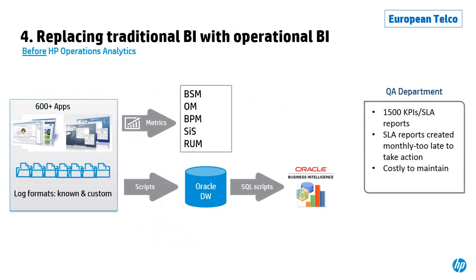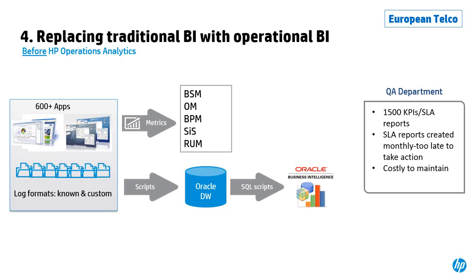The fourth use case comes from another telecom company, actually. This is an example where they were using a traditional BI system to try and do operational analysis. In this case, it was an Oracle Business Intelligence tool.